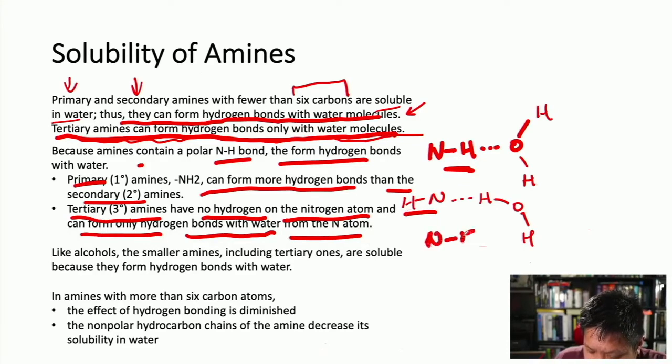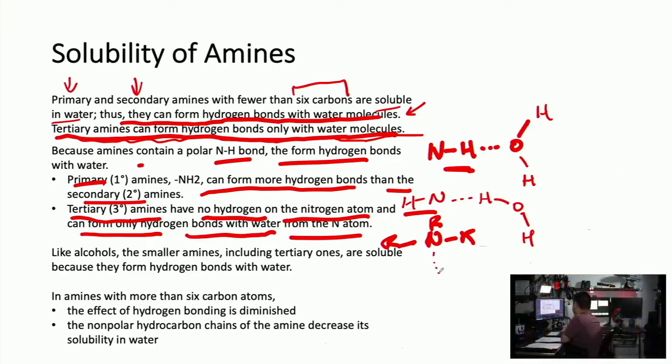They're just N with R, the rest of the molecule, all the way around with no hydrogens there. So the only thing that can hydrogen bond is quite possibly the nitrogen, and that can only bond to the hydrogen of water and nothing else. That's what that means. Sorry, I typed that and forgot what I meant by that, but that's what I meant.